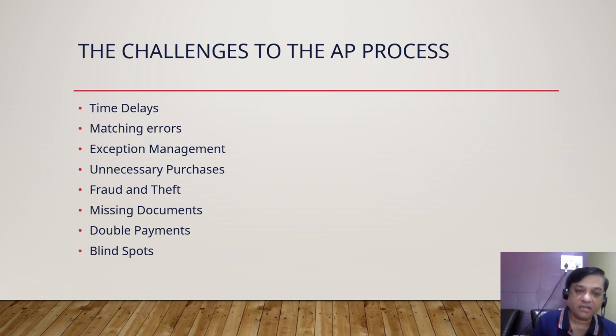Fraud and theft can happen if we do not take care of it, the other place where we saw that there are fraudulent payments. So we have to take care of that. The documents can be missing, because for the AP system to function properly, documents have to be there. Sometimes double payments happen and there are blind spots.